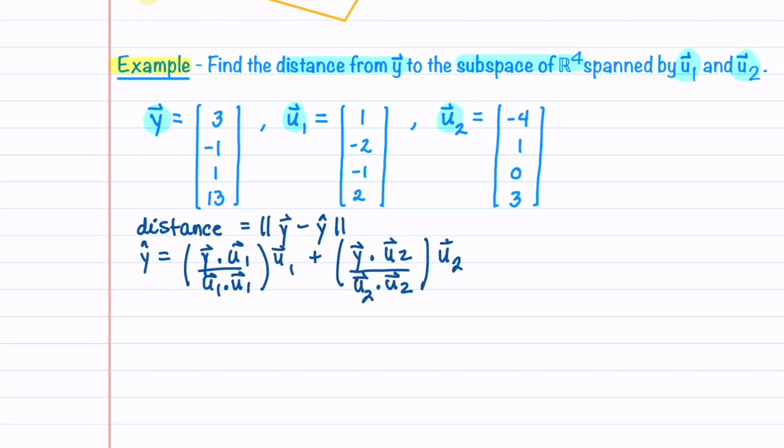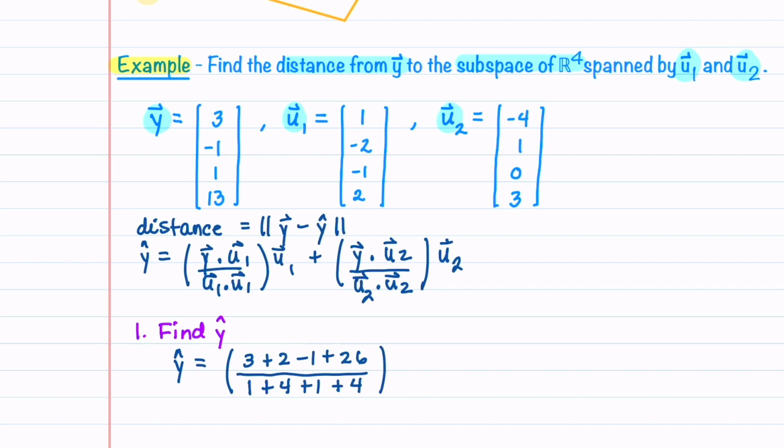I think it's easiest if we break up this problem into 3 steps. So our first step is to find y hat. Let's go ahead and do that. So our y hat is going to be y dotted with u1. So that's going to be a 3 plus 2 minus 1 plus 26. And on the denominator, we have u1 dotted with itself. So we're just going to square each component, and we get a 1 plus 4 plus 1 plus 4.